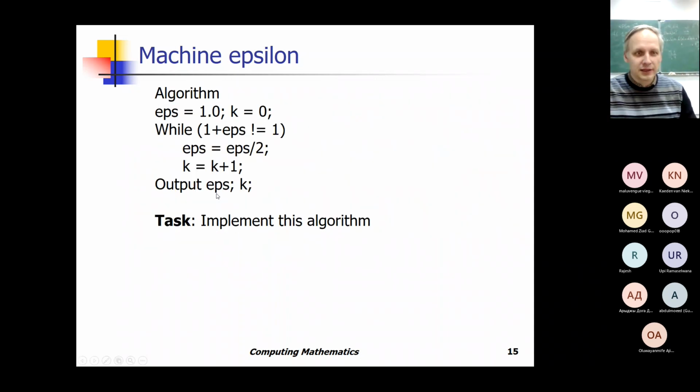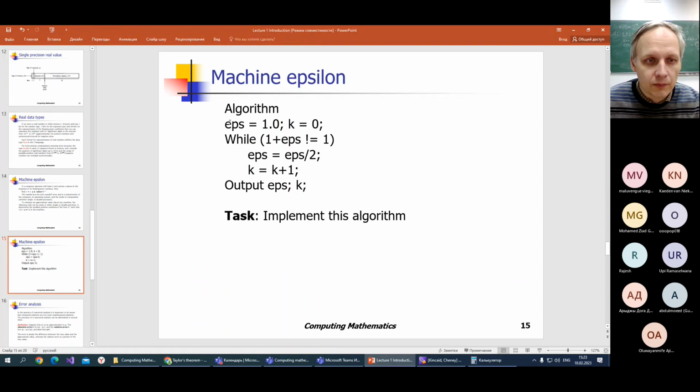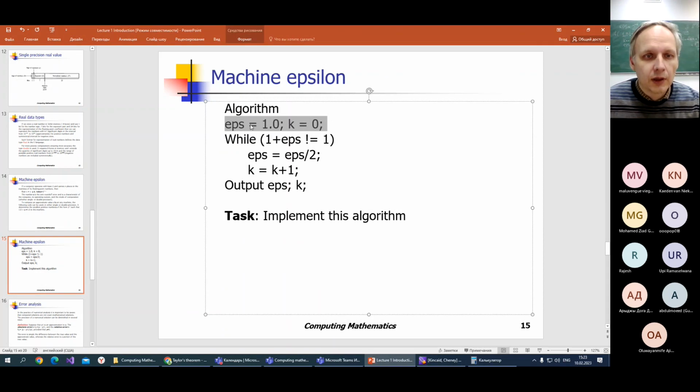Well, look at this algorithm. It is written in pseudocode. A very simple algorithm, you can implement it in any computer language. We start from this: let's assign epsilon to 1 and k to 0.